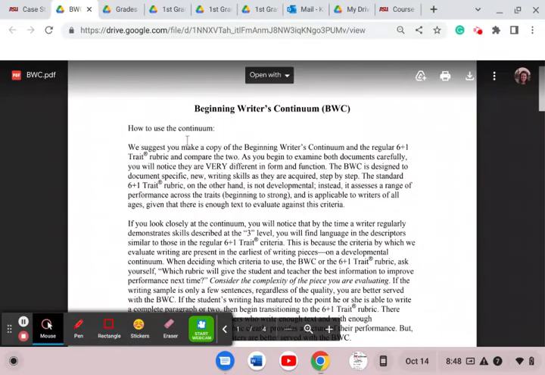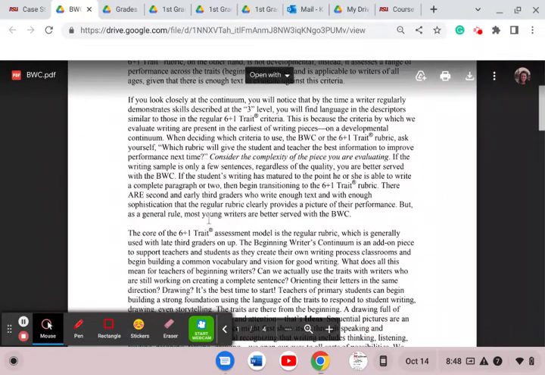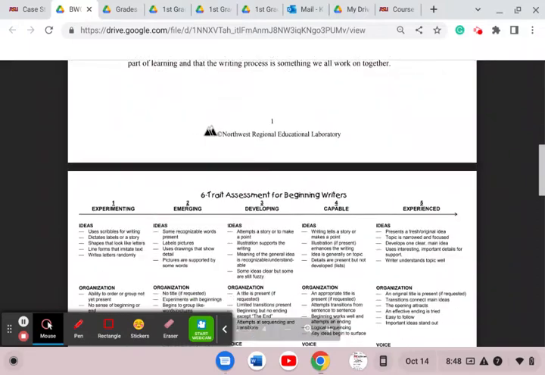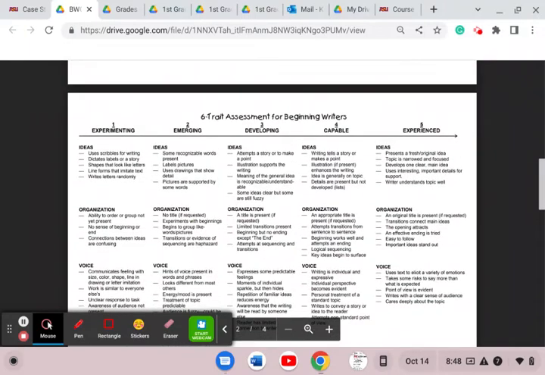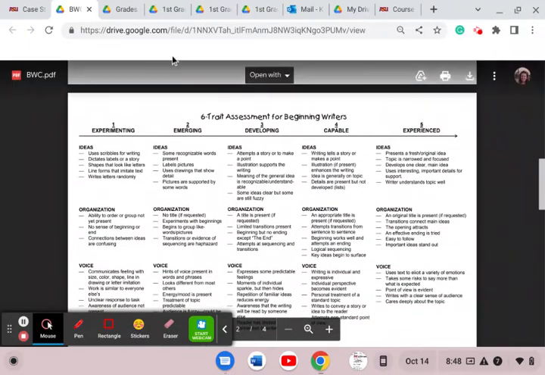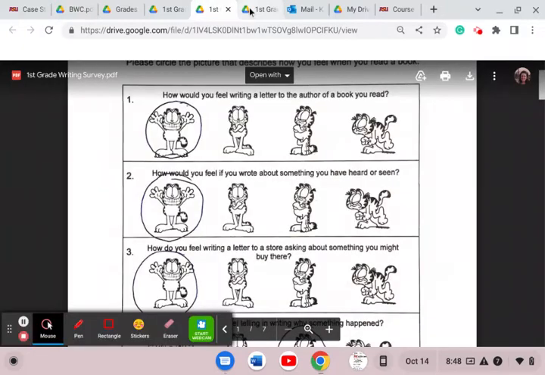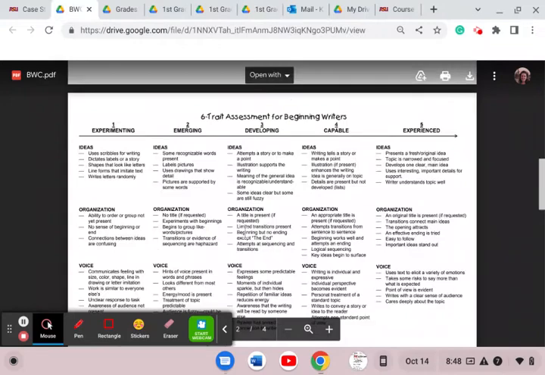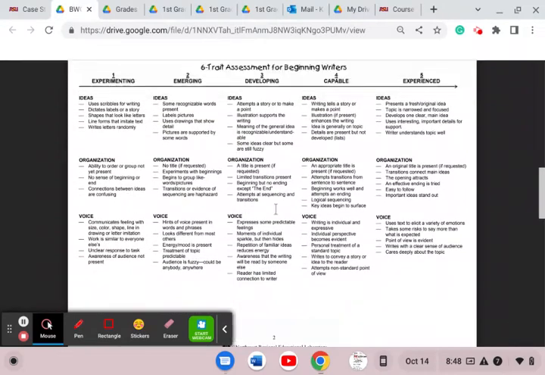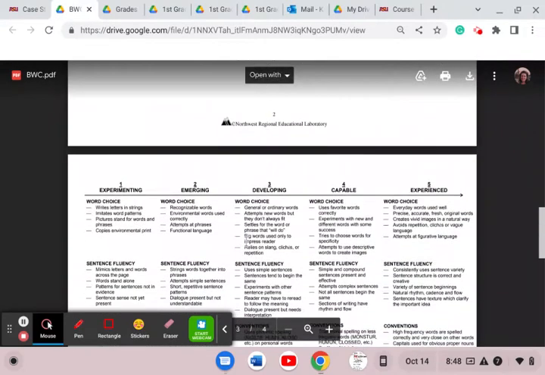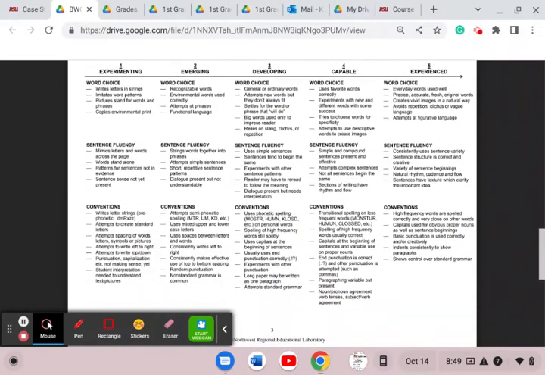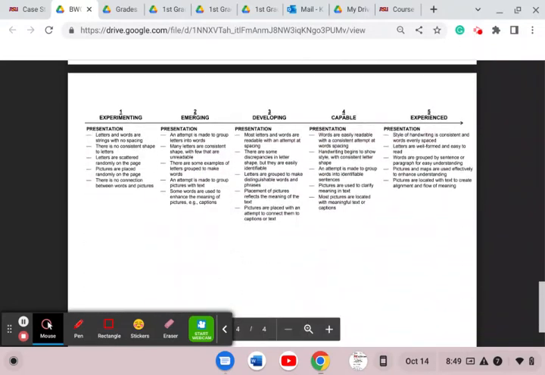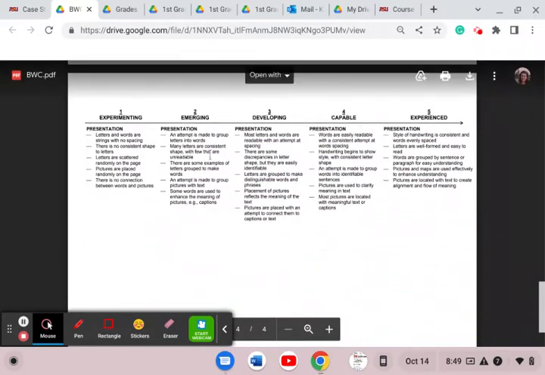So it's talking about how to use it. So this is a great place to read, see what you're using. And then here is how you could score the writing up here. You can score organization, voice, ideas, experimenting, sentence fluency, convention. So this is how you'll score the writing.